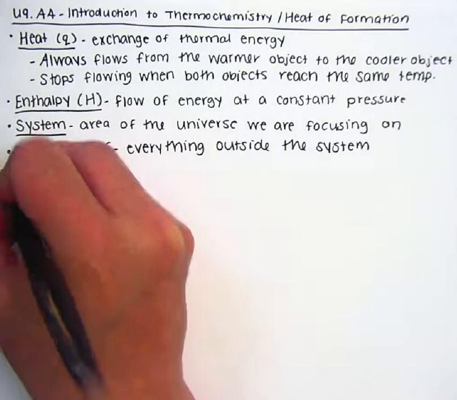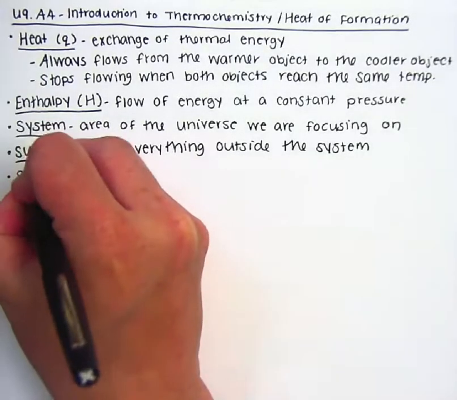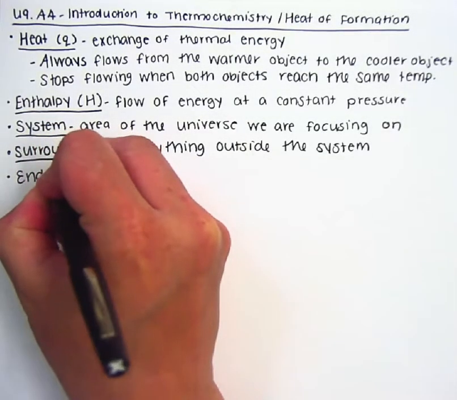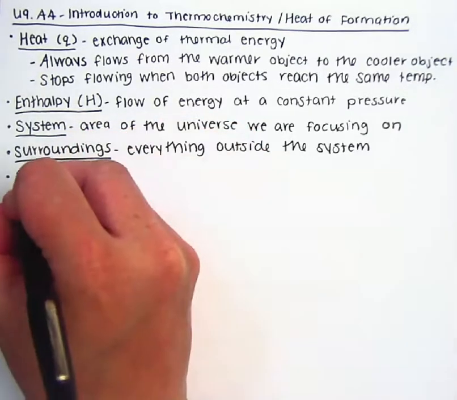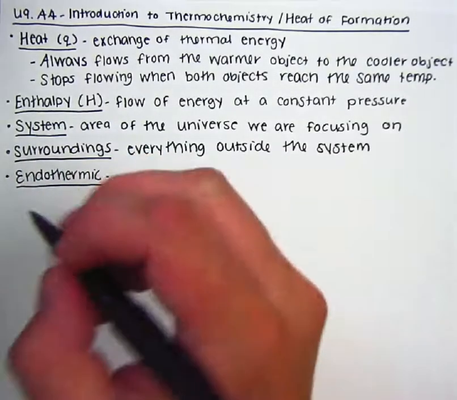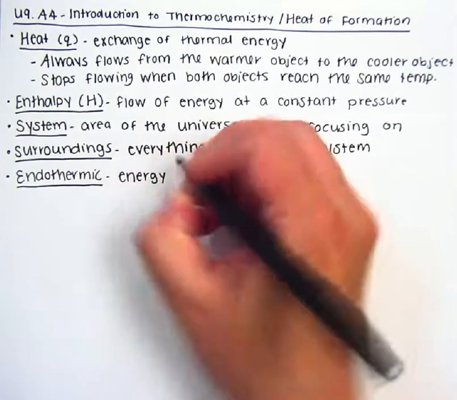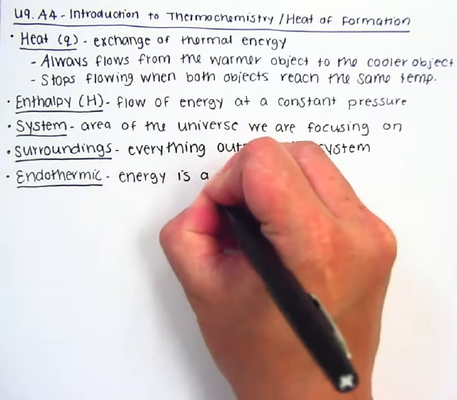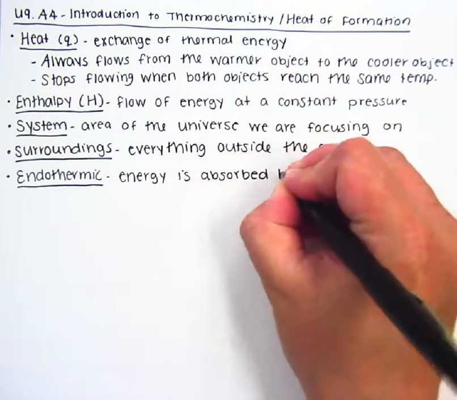All right, last two terms and then we'll get to heat of formation. Endothermic versus exothermic. So we talked about these terms when we did Le Chatelier's principle in Unit 8. Endothermic just means that energy is absorbed by the system.